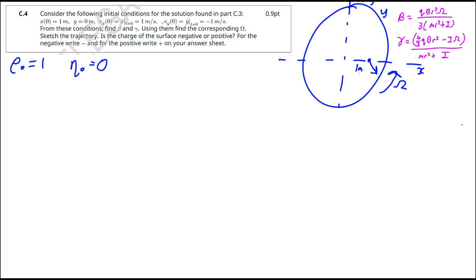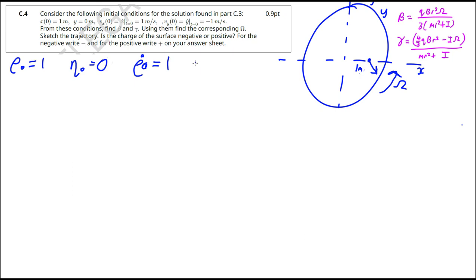Apologies for that mistake. Because our initial position is in the x direction and our initial velocity has a component in the x direction of 1 meter a second, that means that the rate at which the distance from the center, rho, is initially increasing is 1 meter a second.